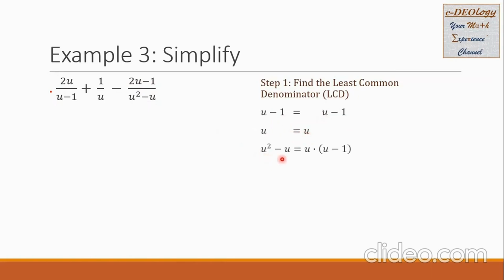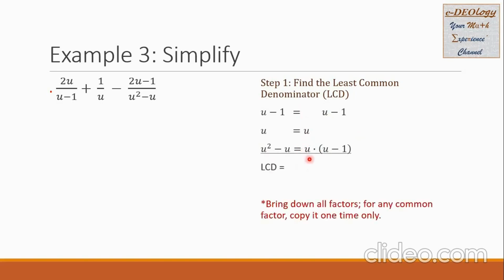For the u square minus u, there is a common factor of u, so we pull it out. And what remains in the first term is u. What remains in the second term is negative 1. We wrote the common factors in a vertical column. And then we're going to bring down all factors.